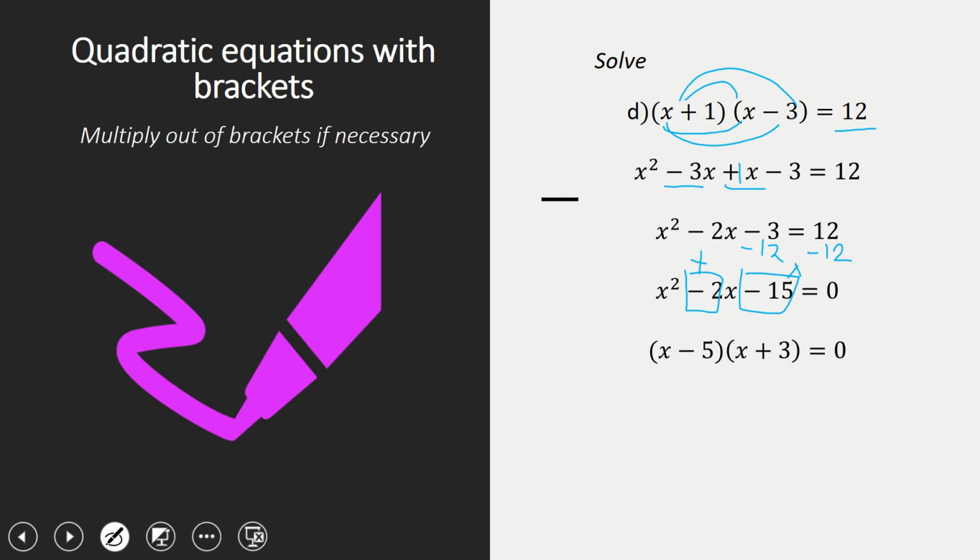And it's minus 5 and 3, because minus 5 plus 3 equals minus 2 and minus 5 times 3 equals minus 15. So I know x minus 5 equals 0 or x plus 3 needs to be 0. Again, x equals 5 or x equals minus 3. And you may skip this step.